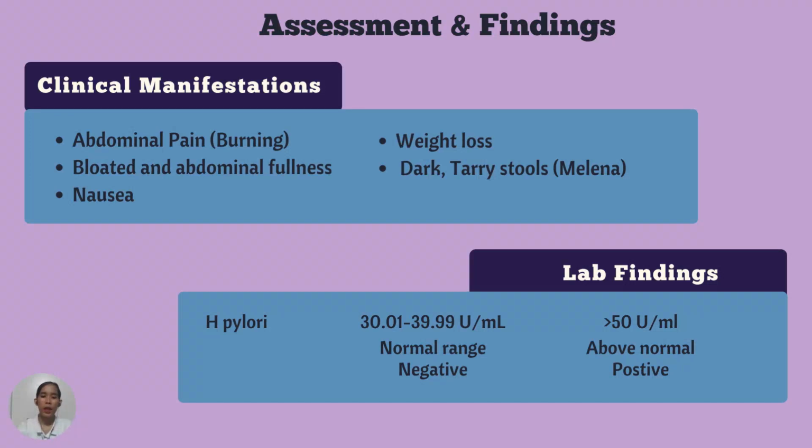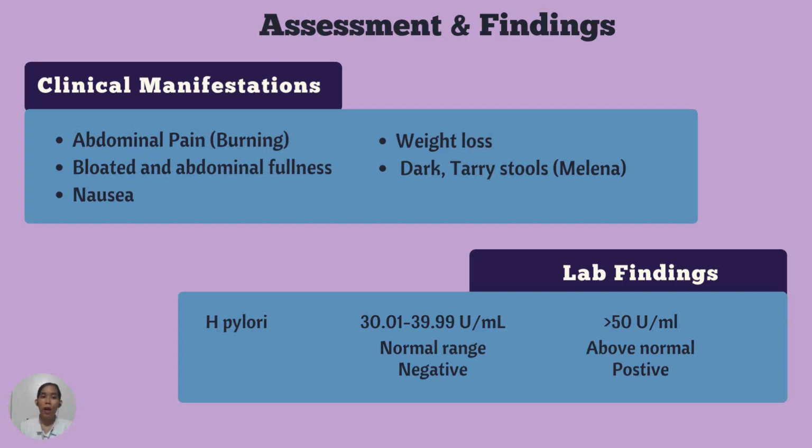For our lab findings, we have here the H. pylori, which is the bacteria that mainly contributes to having an ulcer. The normal range value of H. pylori is 30.01 up to 39.9, and if the value falls within this range, then we can diagnose it as a negative pylori presence.